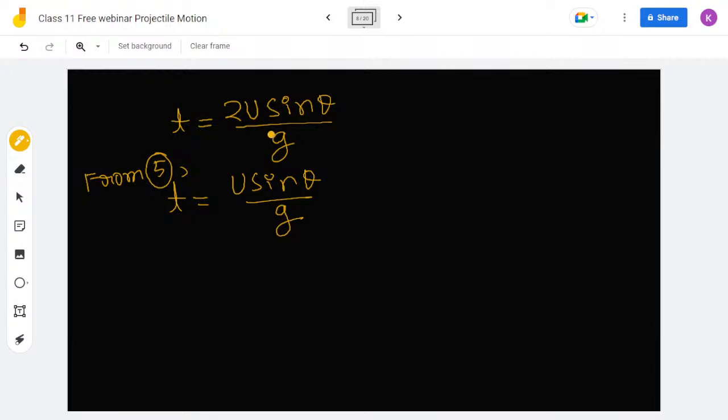That means the time of flight is actually 2 times the time to reach the maximum height.